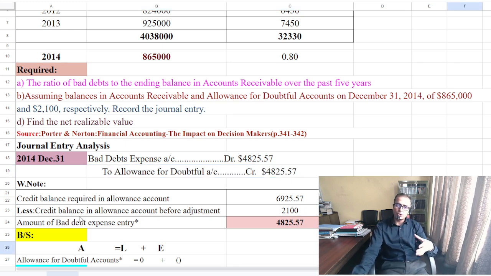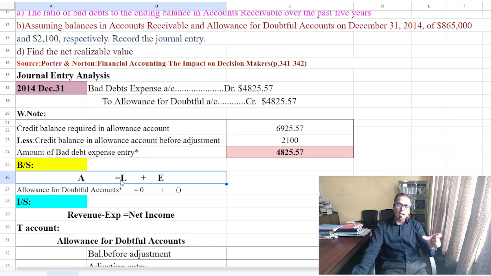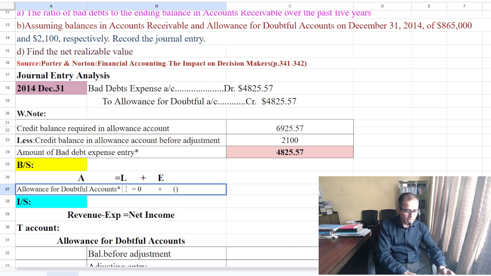Now I would like to show its effect in the balance sheet, that is the accounting equation. In the accounting equation, A equals L plus E, where A is assets, L is liabilities, and E refers to stockholders' equity. For allowance for doubtful accounts, I mentioned an asterisk sign here.